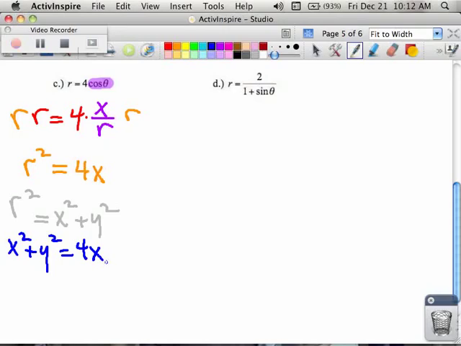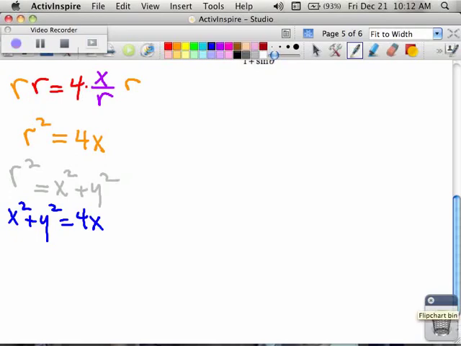However, I do want to point out that it probably would be to your advantage to do the following. Starting to look familiar?